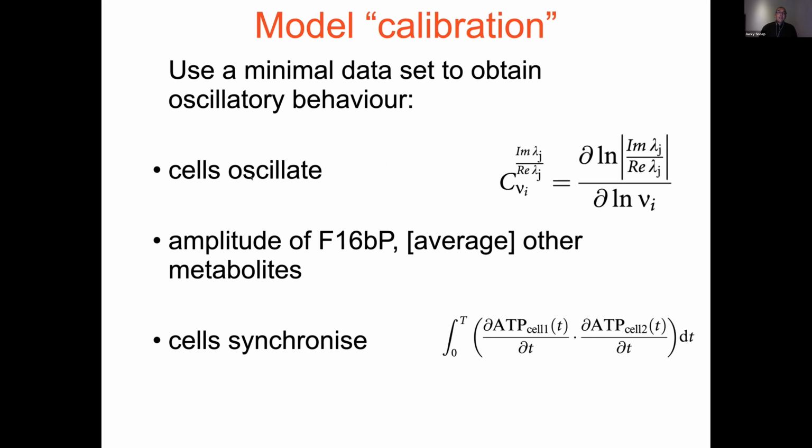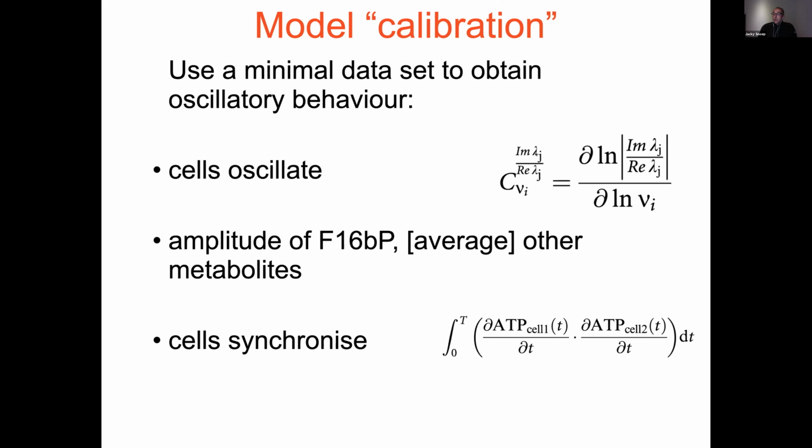First, we tell the cells, you oscillate, the system must oscillate. And we did that by saying, if you go from a steady state to a limit cycle, you must go through the Hopf bifurcation, right? The Hopf bifurcation is a bifurcation point where you go from a stable steady state to an oscillatory range. You can find that by looking at the eigenvalues of the Jacobian.